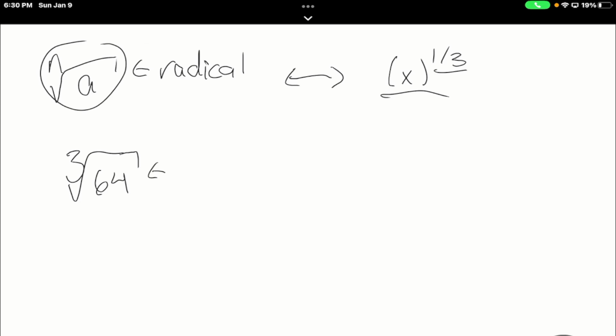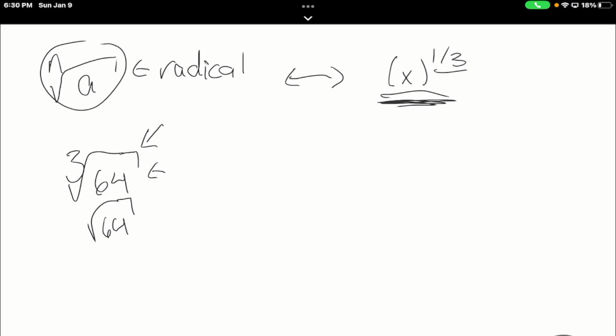Some calculators don't have an option to type it like this. You do have a square root option that's readily available, but sometimes calculators don't have the option. We want to make sure that we can change this cubed root of 64 into this form right here somehow, so that we can type it into our calculator and use it. That's the basic idea of this whole subsection.